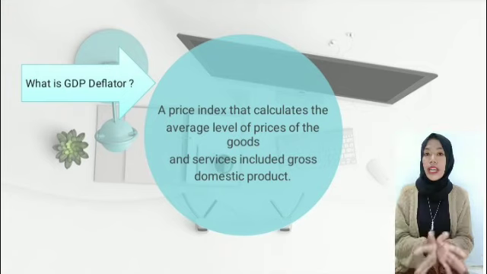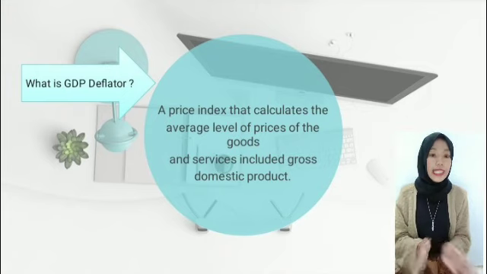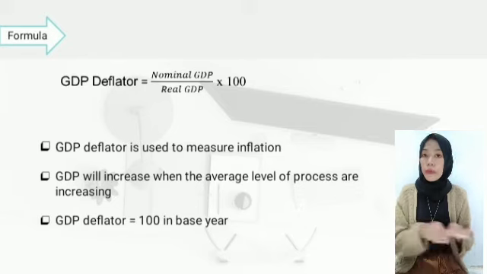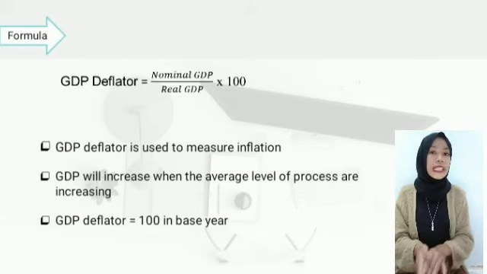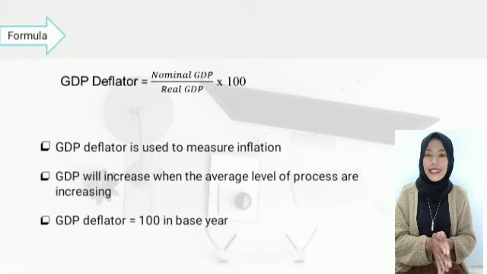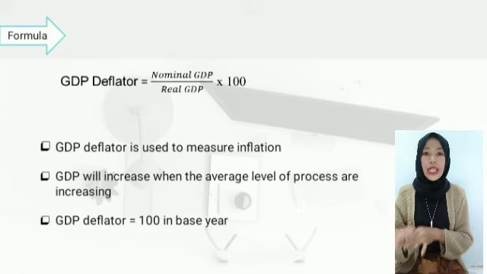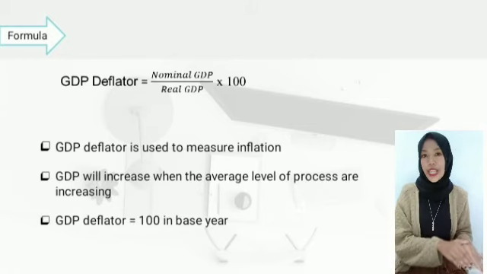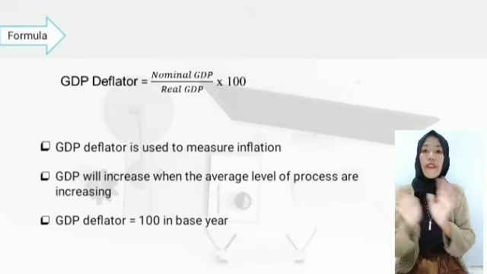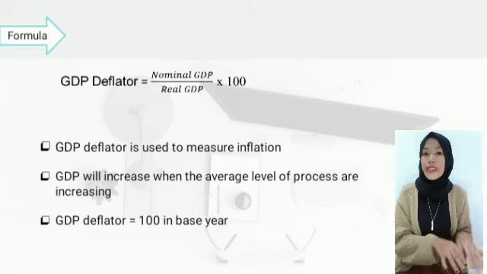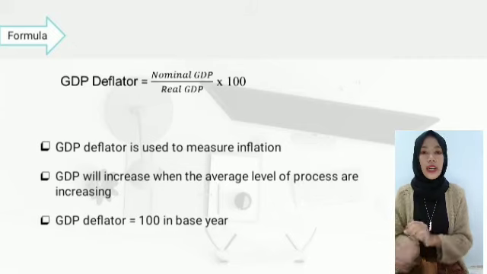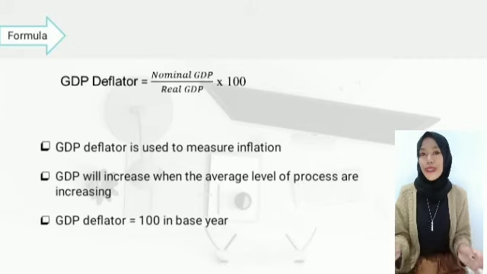The formula is nominal GDP divided by real GDP, times 100. The GDP deflator is used to measure inflation, and it increases when the average level of prices increases too. The GDP deflator is 100 in the base year.